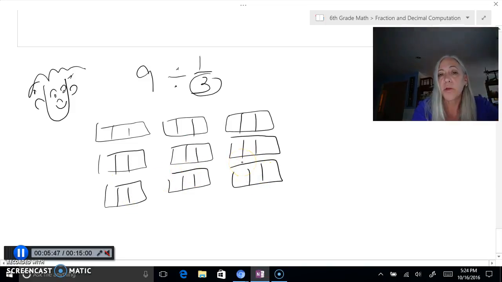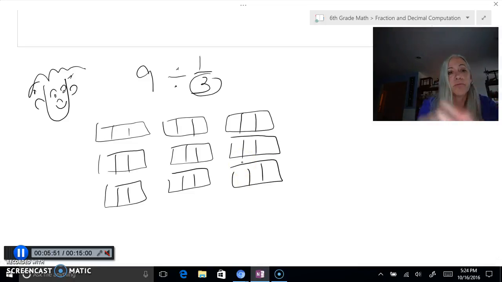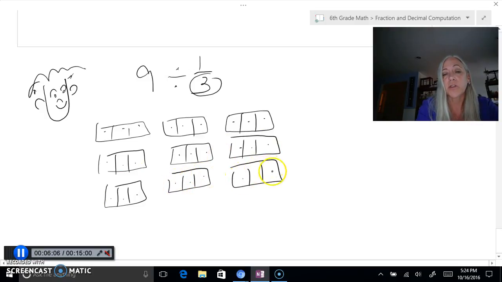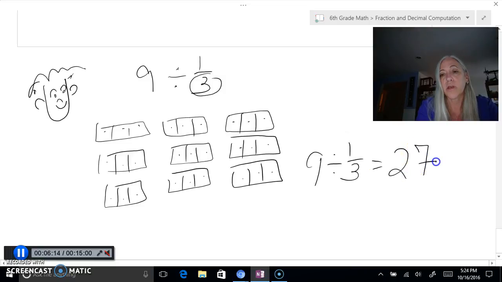Great. So how many total slices or pieces of cheese do we have now? Count it off. 1, 2, 3, 4, 5, 6, 7, 8, 9, 10, 11, 12, 13, 14, 15, 16, 17, 18, 19, 20, 21, 22, 23, 24, 25, 26, 27. So that means 9 divided by 1/3 equals 27.